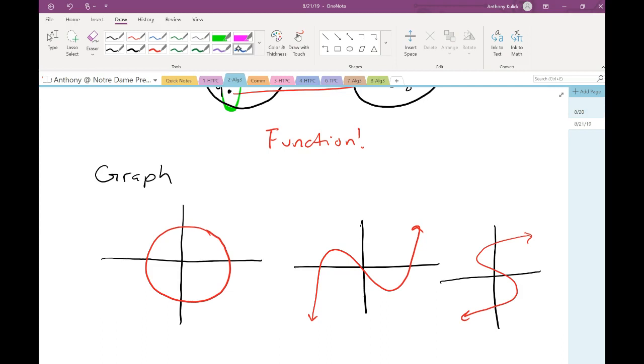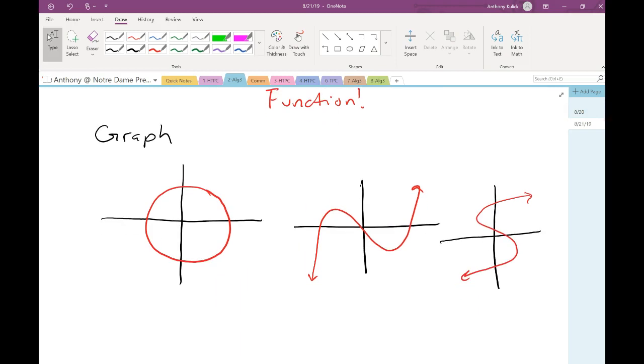So the easiest way to check if a graph is a function or not is to do what's called a vertical line test. I usually abbreviate that as VLT for vertical line test.